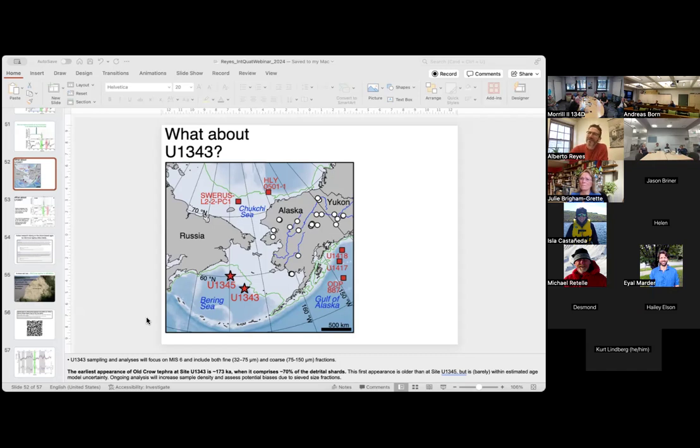And part of my problem with that is that there really isn't a lot of loessal sedimentation between Old Crow tephra and what we assume is the last interglacial forest bed. It kind of maxes out at around a couple meters, maybe 3 meters in some sites, but normally it's either a meter and a half below the interglacial, or often reworked into it.